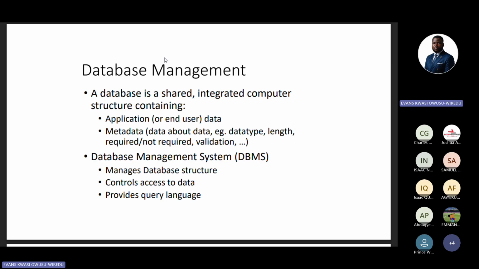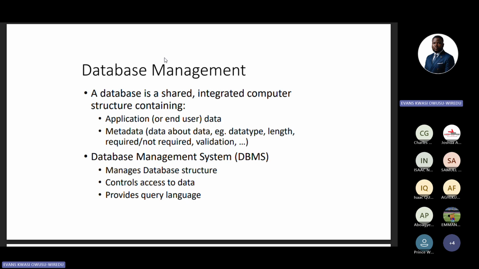Okay, so when we talk about a database, it is a shared, integrated computer structure containing the application, which is where the end user interacts, right? Data, and then we also have what? Metadata.